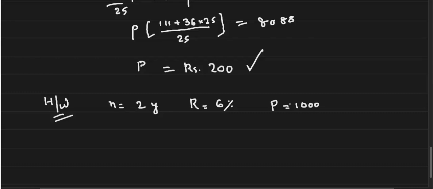And we need to verify, does she get 25,000 rupees or not? Whether maturity value will be 25,000 or not. You need to verify and tell yes or no. Just comment below saying yes or no. I will get to know whether you have done it correctly or not.